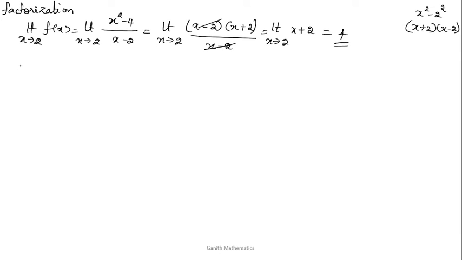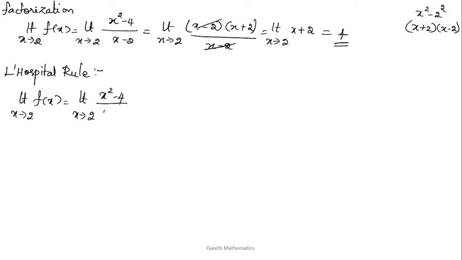So we'll move to the next and last method if you are getting the indeterminate form, that is L'Hopital rule or L'Hospital rule. So what is this rule? It is so simple if you know differentiation. Okay. So limit x tends to 2 f of x is equal to limit x tends to 2 x square minus 4 divided by x minus 2.